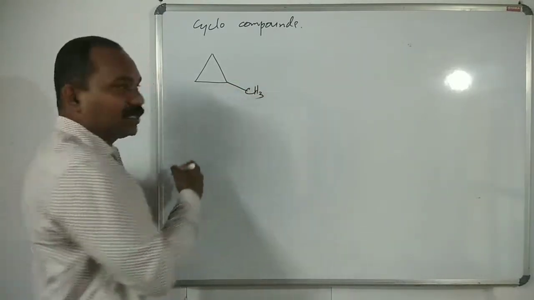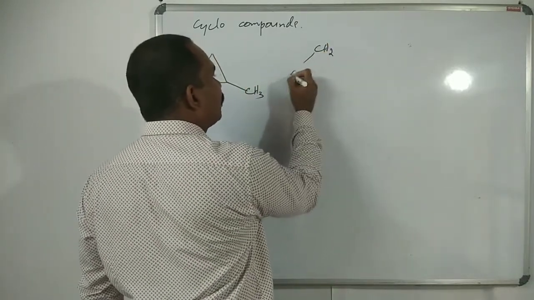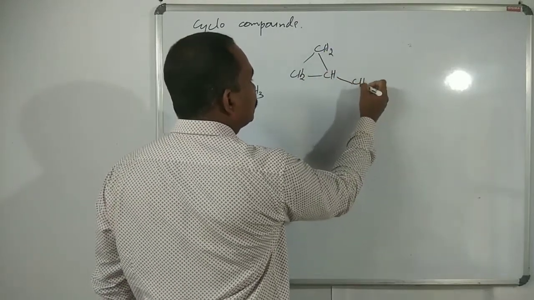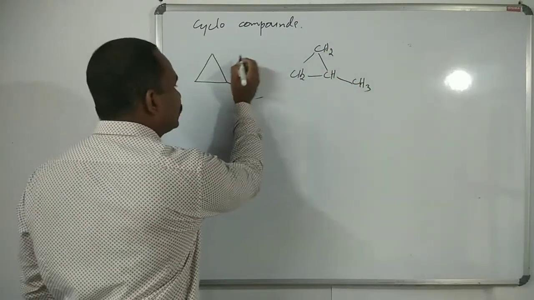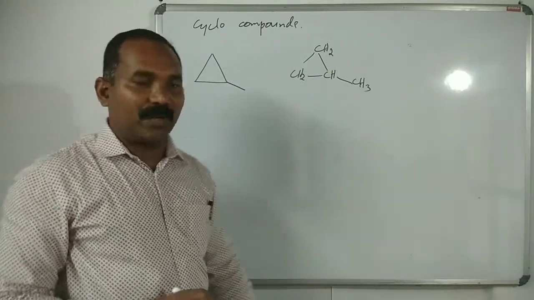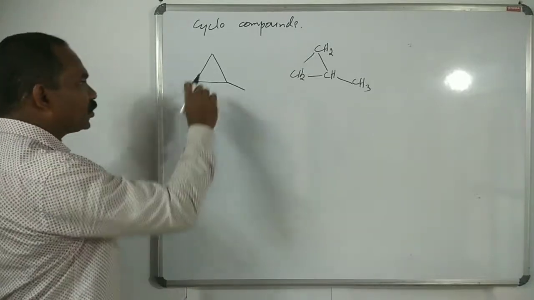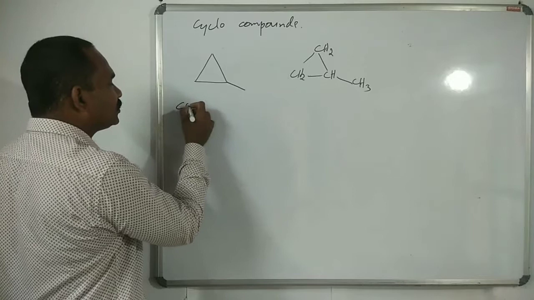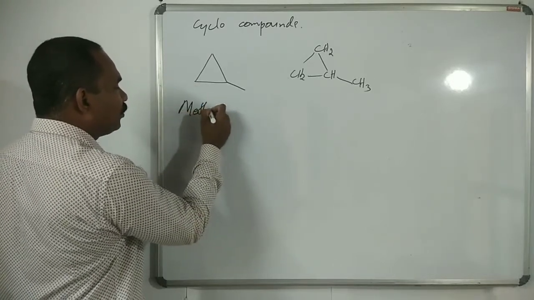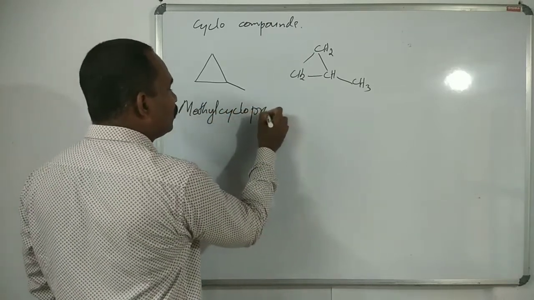The condensed formula of the compound is CH2, CH2, CH, CH3. This is the bond line structure. This is the condensed formula. So only one substituent, that's why the name of the compound is methylcyclopropane.